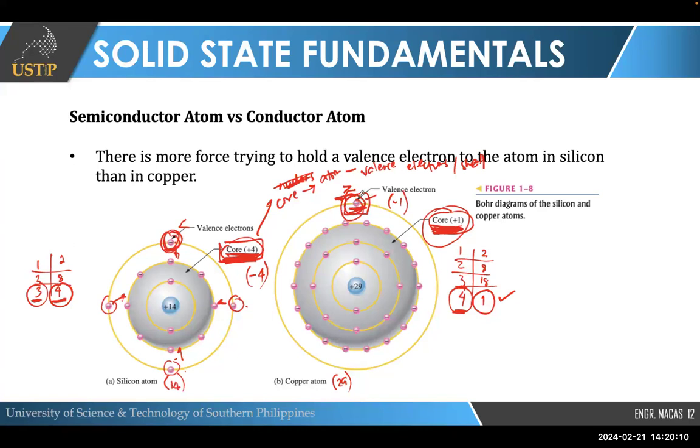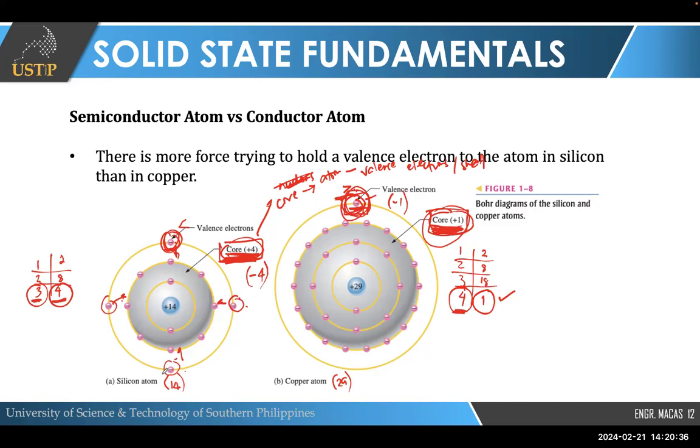It is far away and has higher energy. So if you compare the copper atom and silicon atom, the valence electrons of copper have higher conductivity potential.